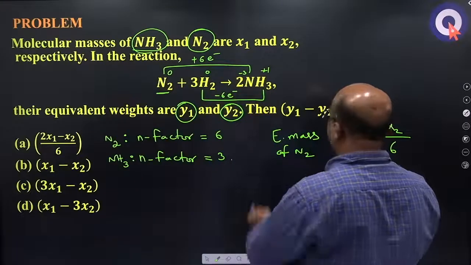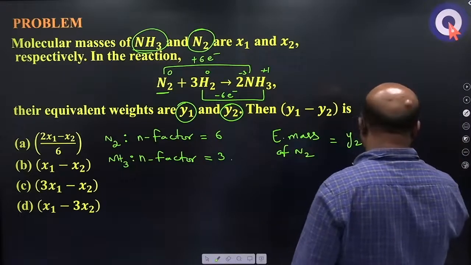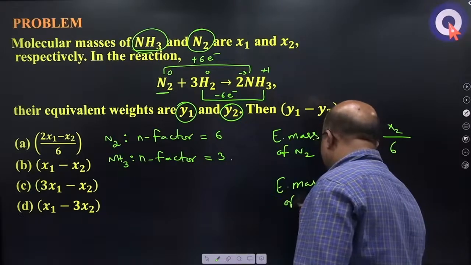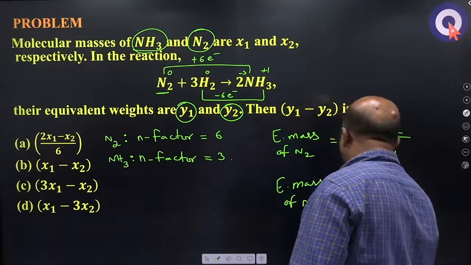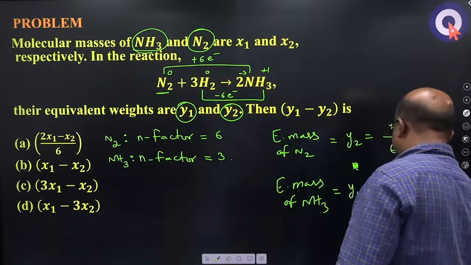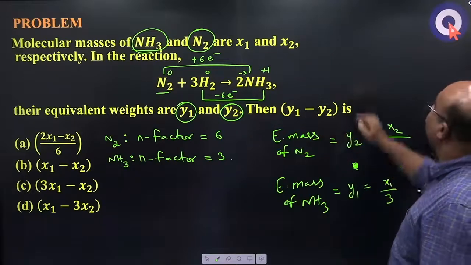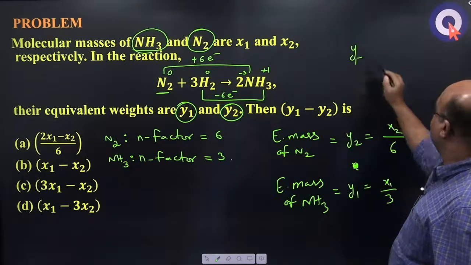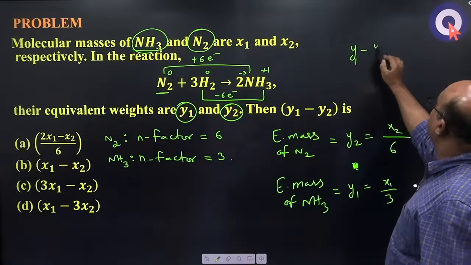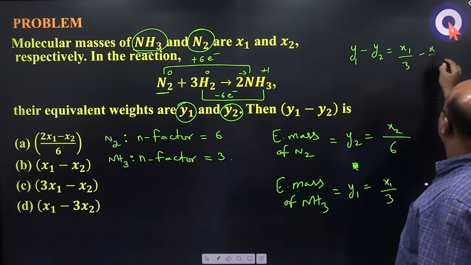So anyhow, we have to take Y1 minus Y2, so let us use Y terms only. What is the equivalent mass of NH3? It is nothing but Y1, which is X1 by 3. Clear? So what is being asked, Y1 minus Y2, is X1 by 3 minus X2 by 6.